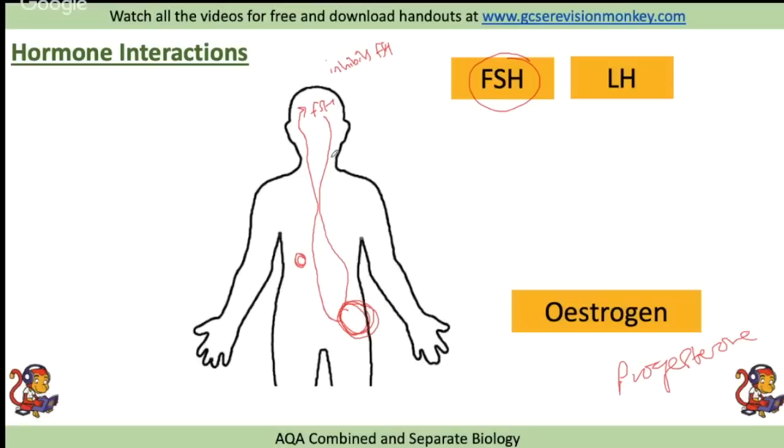So the estrogen inhibits the FSH, and at the same time, it stimulates LH. And LH is produced in the pituitary gland, that travels down to the ovaries, and then that causes the egg to be released. Okay, so you need to know about estrogen and FSH and LH and how they are interacting to control what happens in the menstrual cycle.